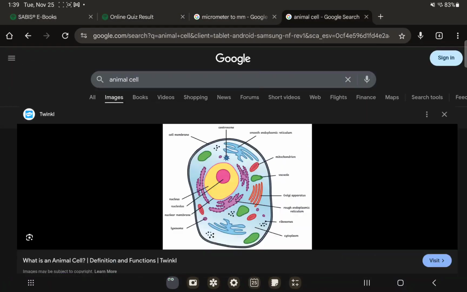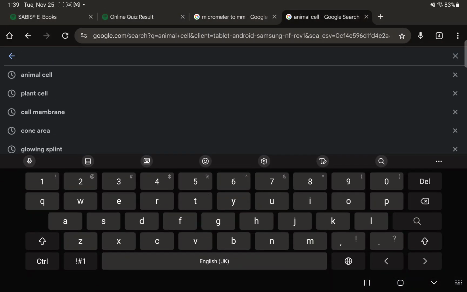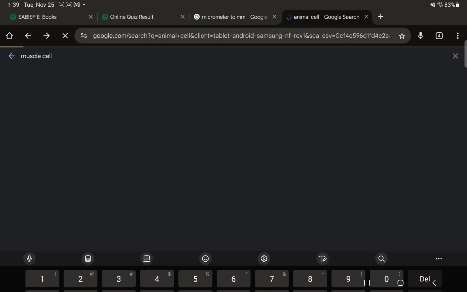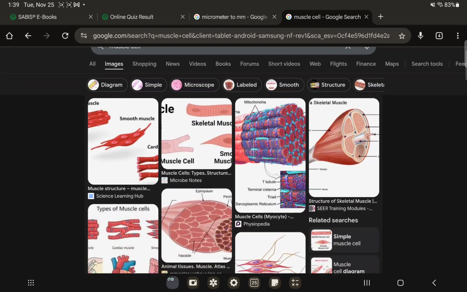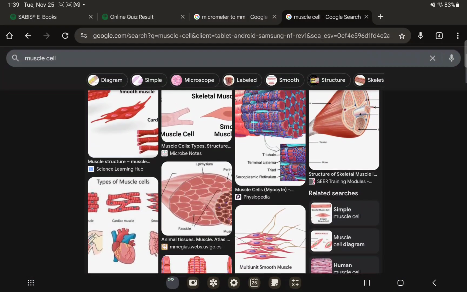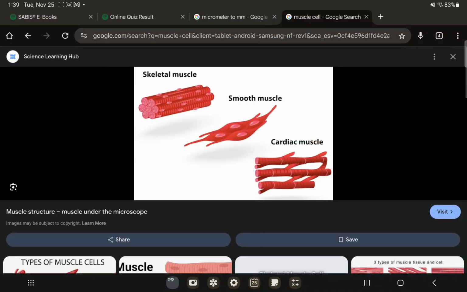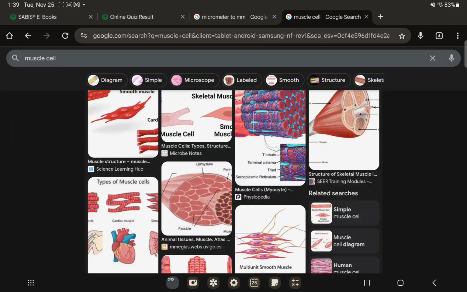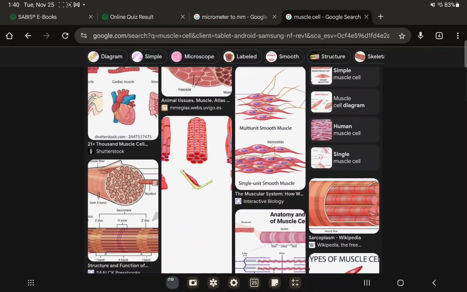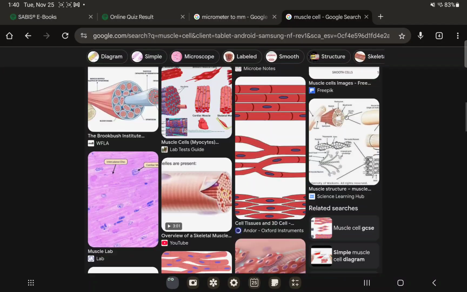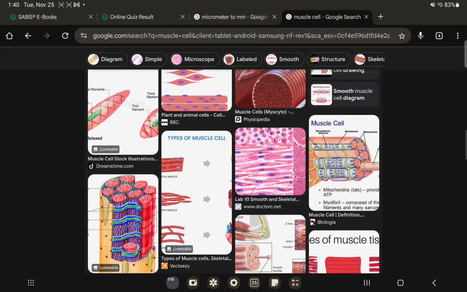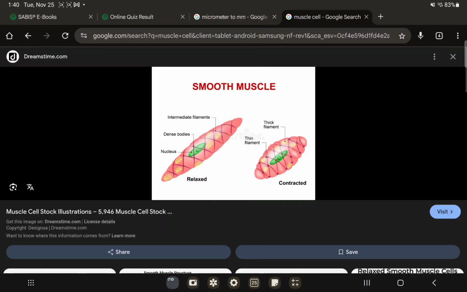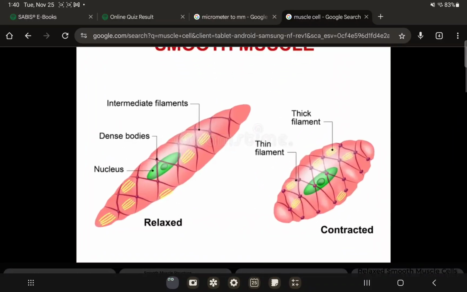And since I don't think I could draw that, I'll try to find a photo. Here. Now, generally, they have contractile fibers, and it's pretty simple. Here, there we go. This is the one I was looking for.